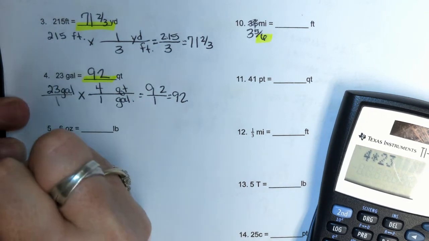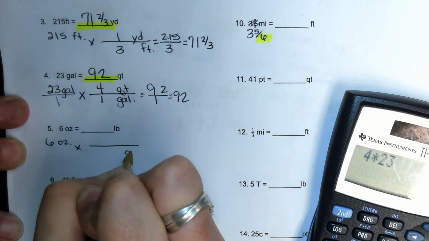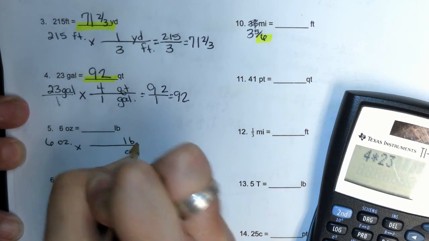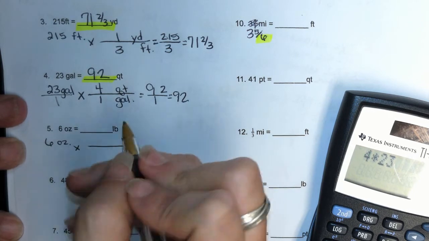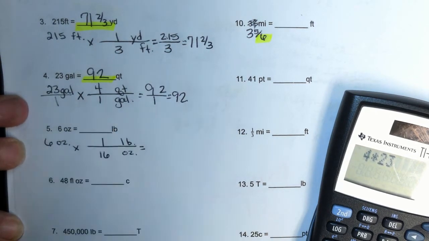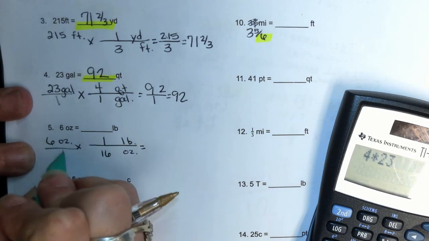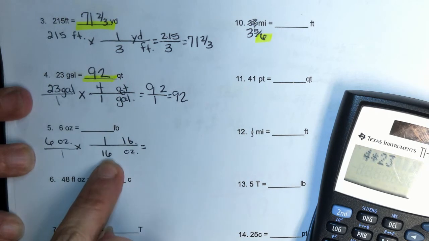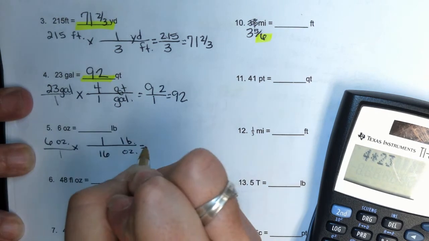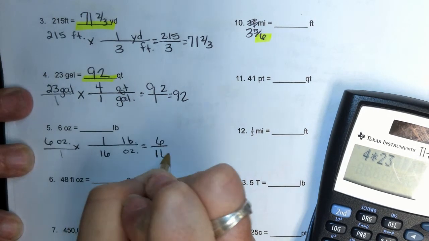Okay. 6 ounces. Okay. This is kind of like the first one that we've seen that has a bottom number. Be careful, because what this means is 6 times 1 is 6. 1 times 16 is 16.